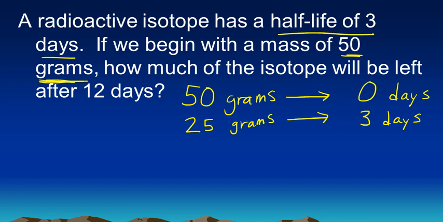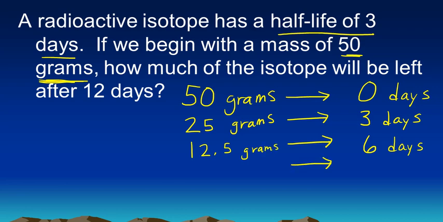Well, another half-life will pass, so that's a total of 6 days, 3 more days. And so the amount that's left will be half of 25. So that's 12.5 grams. Now another 3 days will pass, so that's 3 plus 6, which is 9 days.